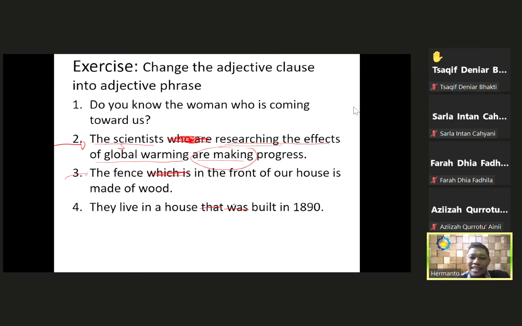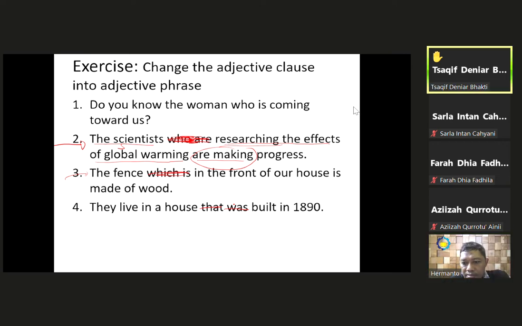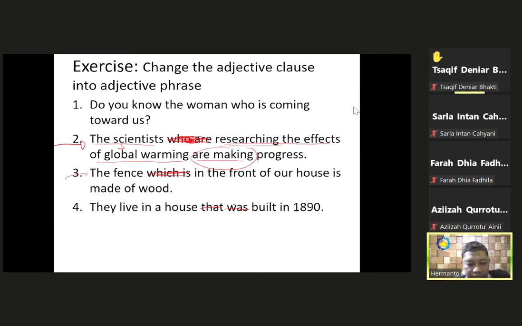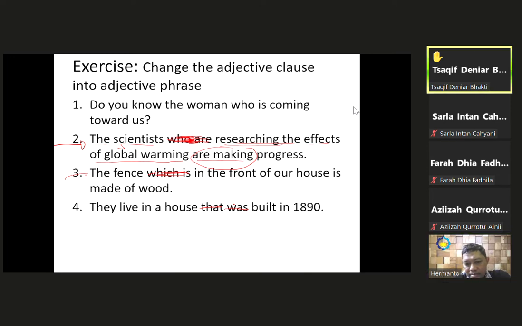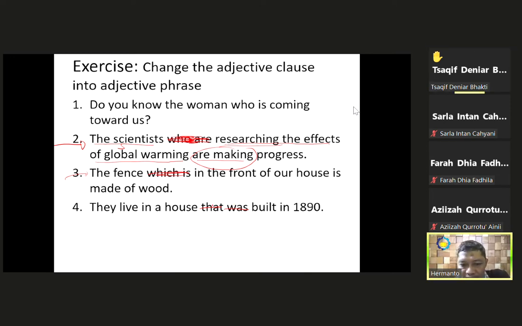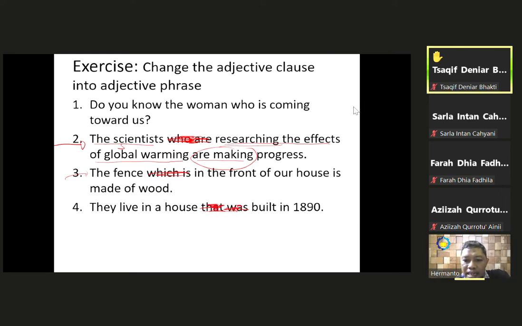Hello, sorry. Okay, so you deleted that was. What is the adjective phrase, Sakif? Which is the adjective phrase? No, that was has been removed. Okay, house, it's already gone. What is the adjective phrase?